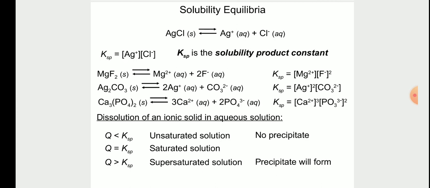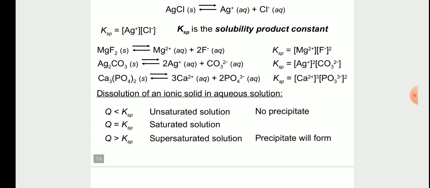If you put AgCl in water, it will form an amount of Ag plus and Cl minus. So it is in equilibrium, that is, AgCl and Ag plus and Cl minus. Now Ksp is the solubility product in that equilibrium.